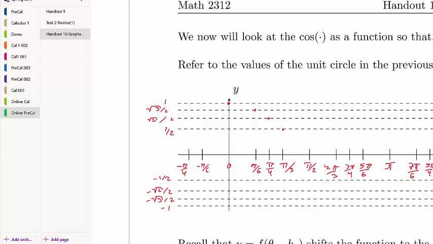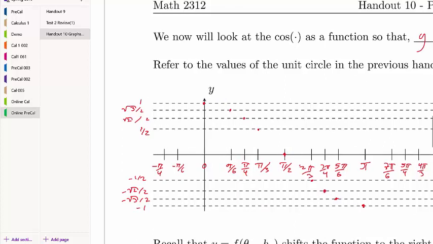Verify all of these on your unit circle. Pause the video and do that as we're going through these. Make sure that there is a solid connection in your mind between this graph and the unit circle. We just keep going down the line, and you should be looking at your unit circle to make sure that all of these correlate.